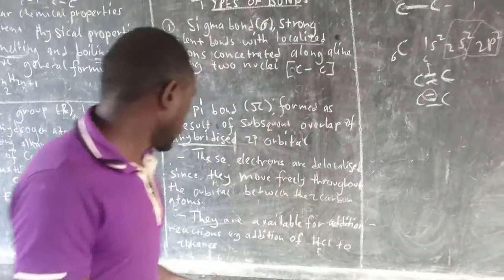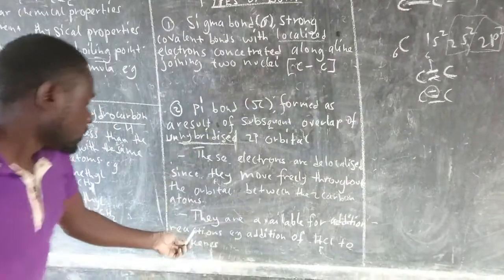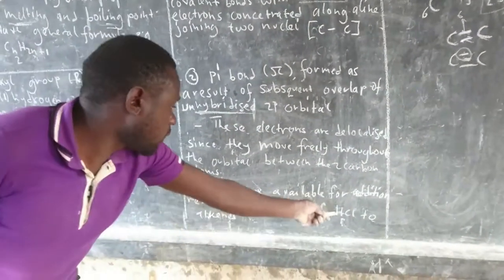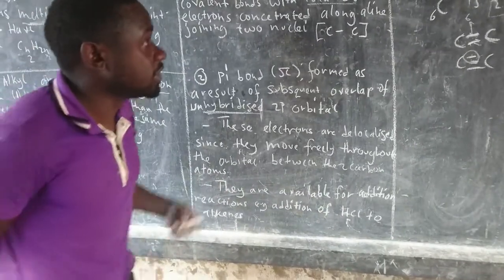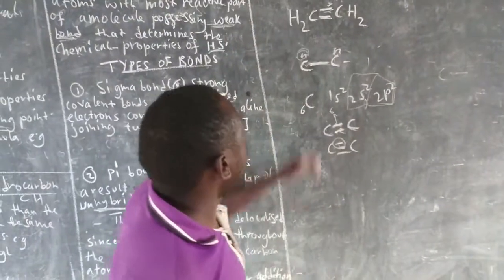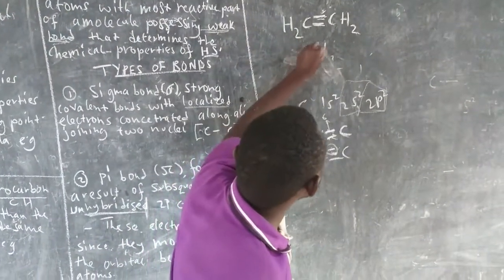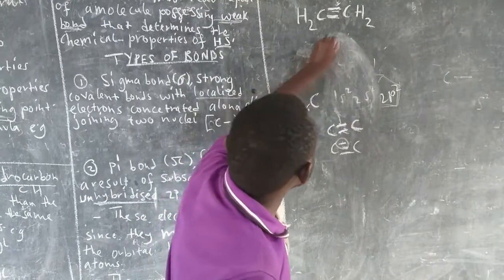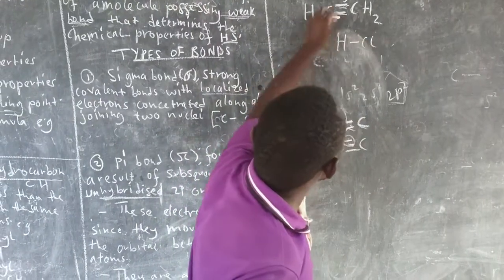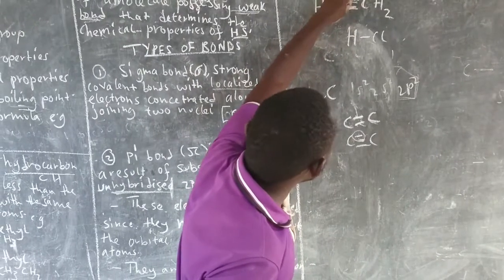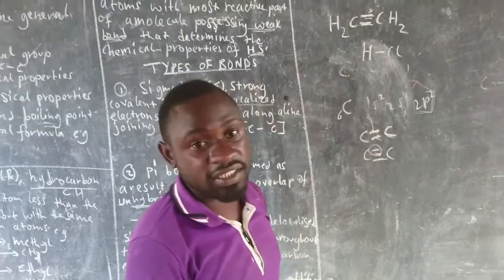So if we continue, they are available for addition reactions, such as addition of hydrogen chloride to alkenes. Now if I consider my alkene, which I had already written here, and I say that I'm adding hydrogen chloride, this can be simple, because we have said that this electron is free and delocalized.